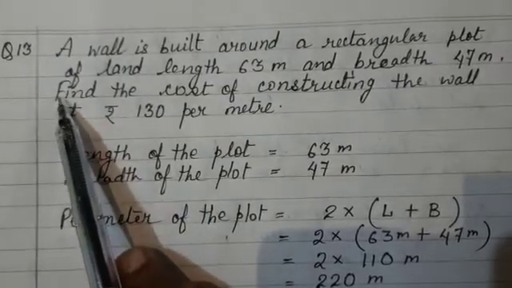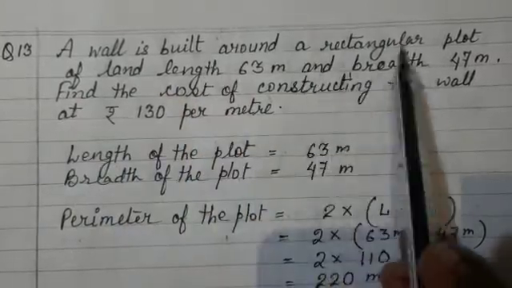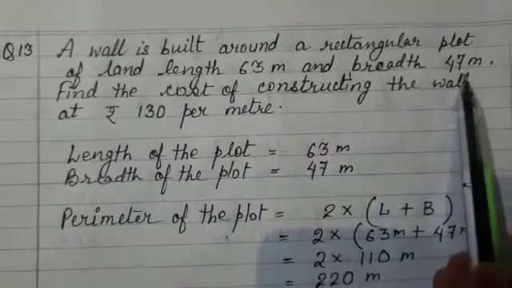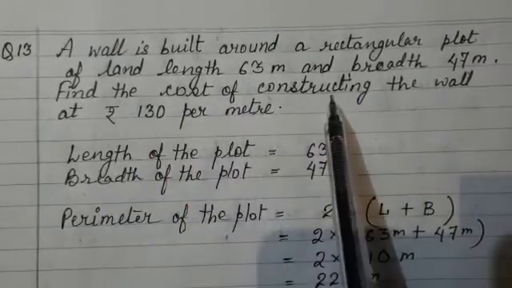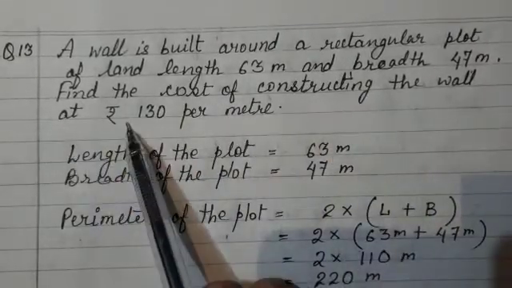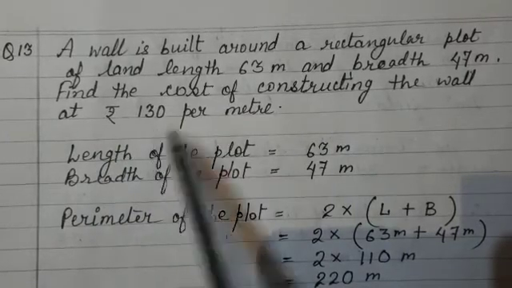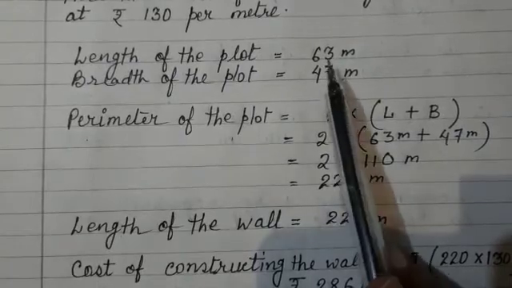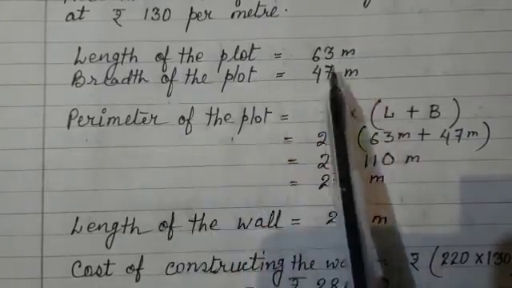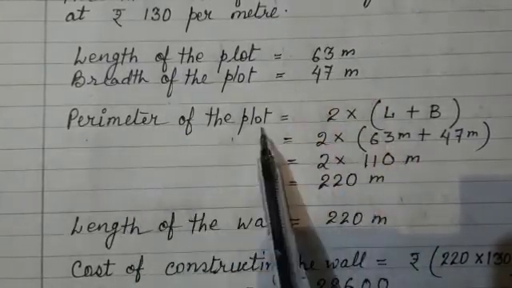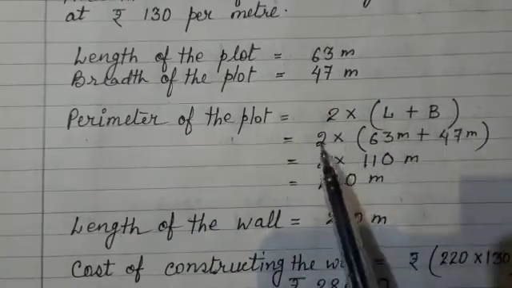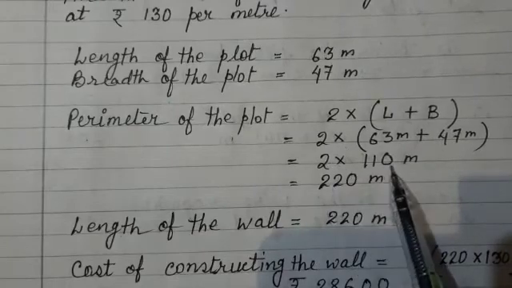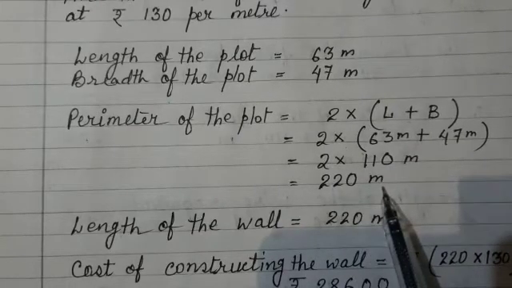Next, question number 13. A wall is built around a rectangular plot of land, length 63 meter, breadth 47 meter. Find the cost of constructing the wall at the rate of rupees 130 per meter. Since the length of the plot is 63 meter and breadth of the plot 47 meter, therefore perimeter of the plot is 2 into (L plus B), 2 into (63 meter plus 47 meter). That means 2 into 110 meter is equal to 220 meter.